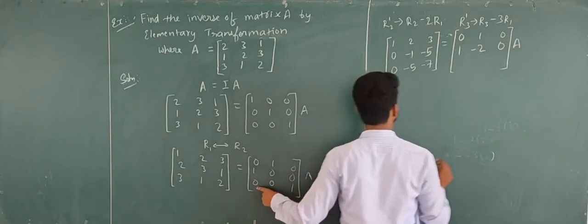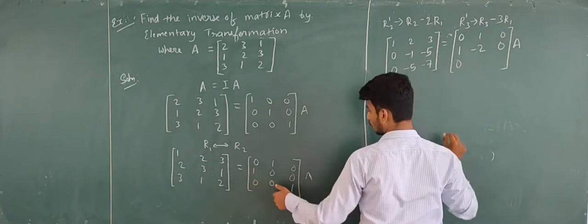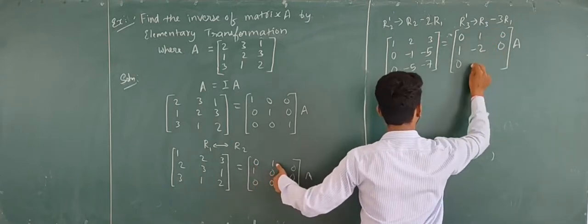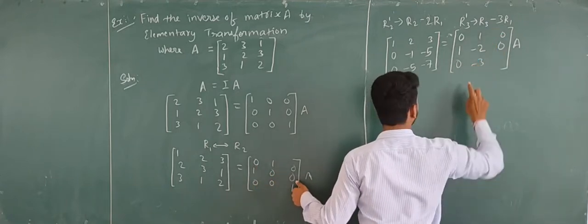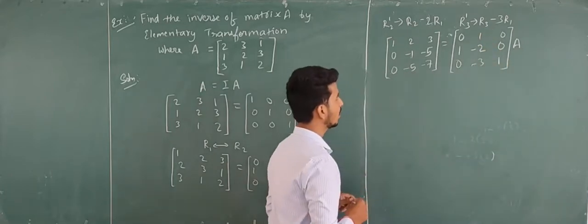Now 0 minus 0 is 0, 0 minus 3 will be minus 3, 1 minus 0 will be 1.